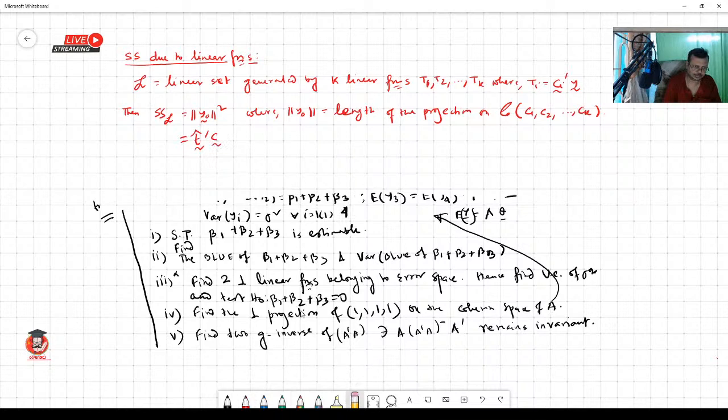This is matrix C prime y, where C is a matrix constructed by vectors C1, C2, Ck.